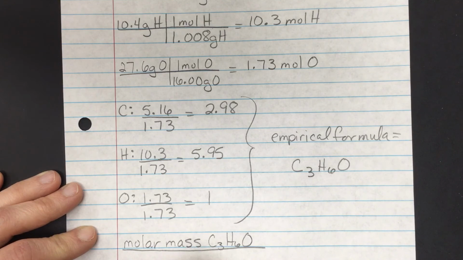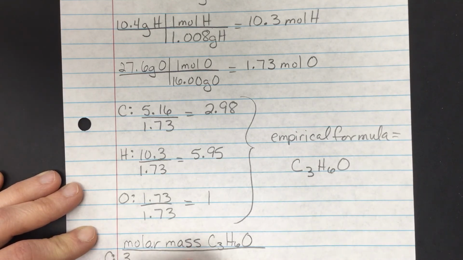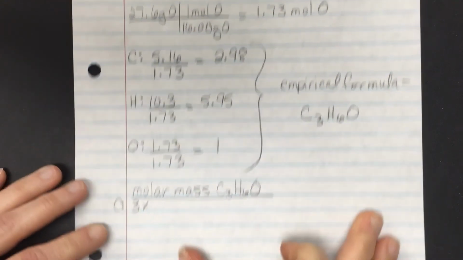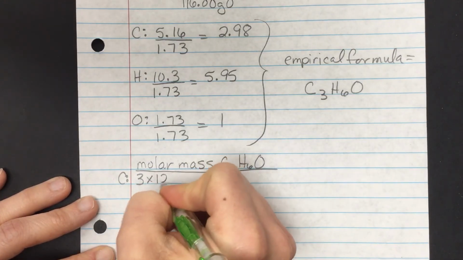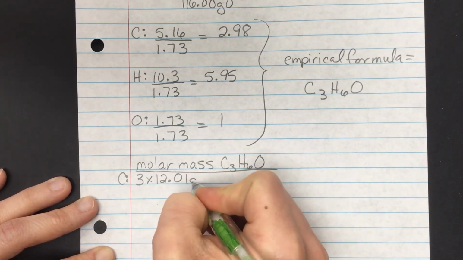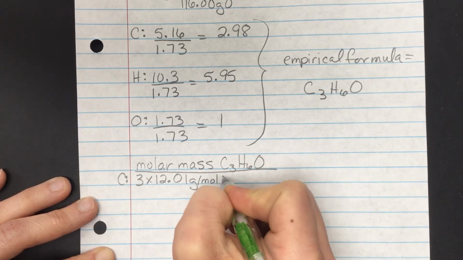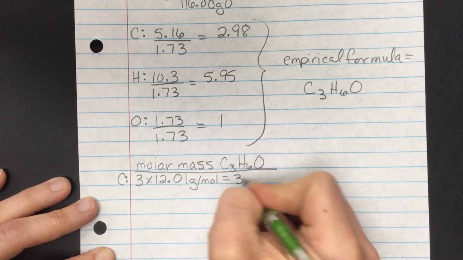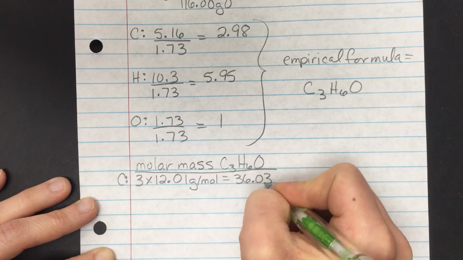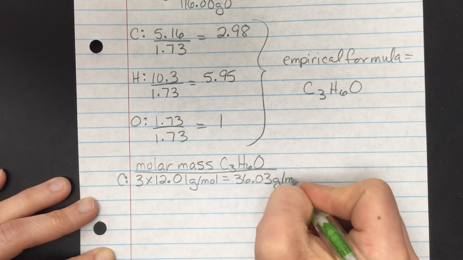So for my carbons, it's 3 times from my periodic table, 12.01 grams per mole. So I get 36.03 grams per mole.